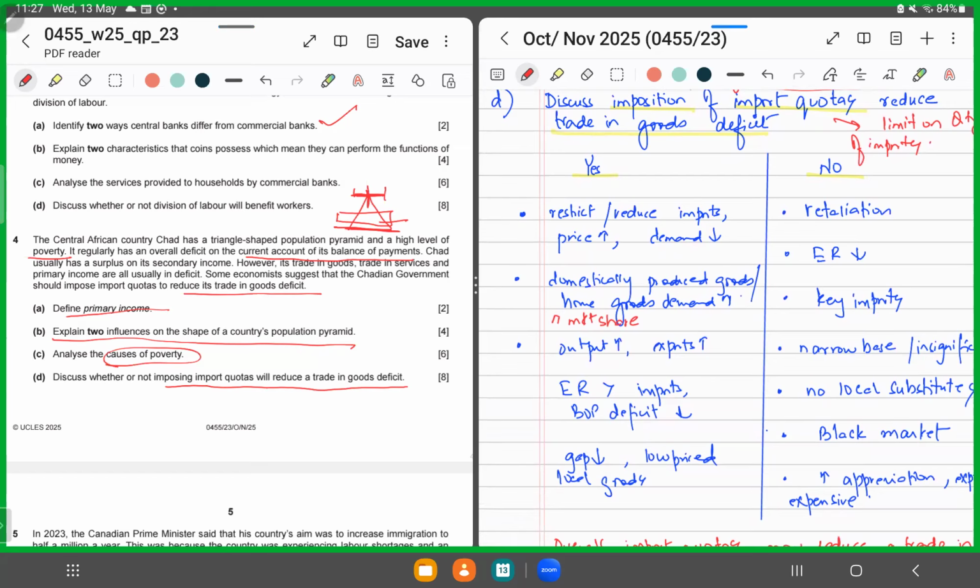So you are going to say that yes, the imposition of import quotas is effective in the reduction of the trade in goods deficit to a certain extent, such that they increase the price of the imports, and once the price of the imports rises, the demand for these imported goods falls and people switch to locally produced substitutes, home produced, domestically produced items.